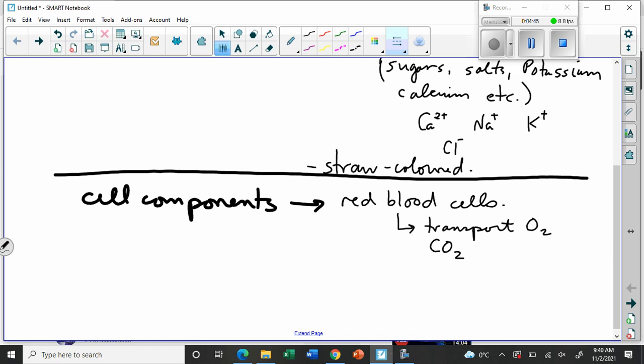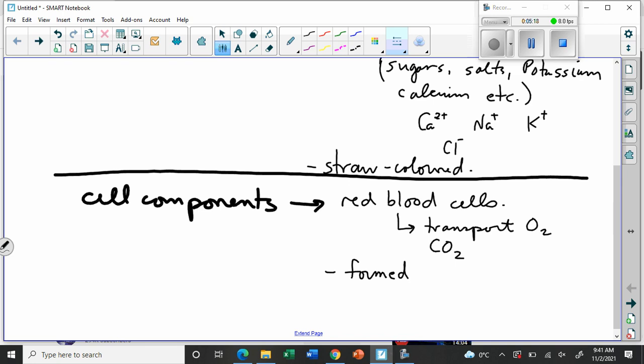In fact, these cells have become so specialized that they have lost almost everything inside of them. Almost everything. They don't even have a nucleus. They don't need it because they're just basically transport cells. Now, because of that, they don't live very long. These cells are formed in the bone marrow, right? They're formed by mitosis. Remember mitosis? But a special kind of mitosis that forms these cells, because they can't make their own.